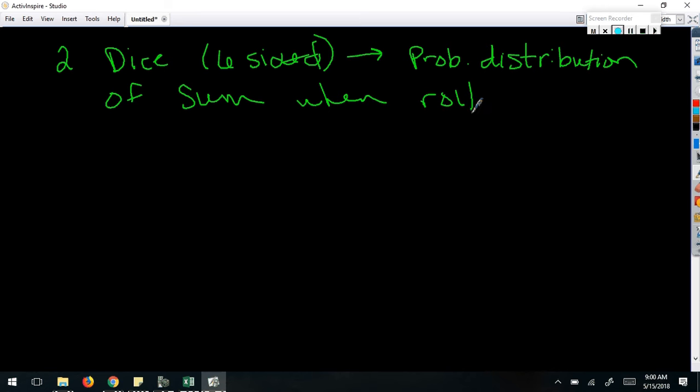So, for example, I roll 2 dice. I get a 1 and a 4. The sum of that would be 5. Okay, so I want to list all the different possibilities and then the probability of each one of those occurring.